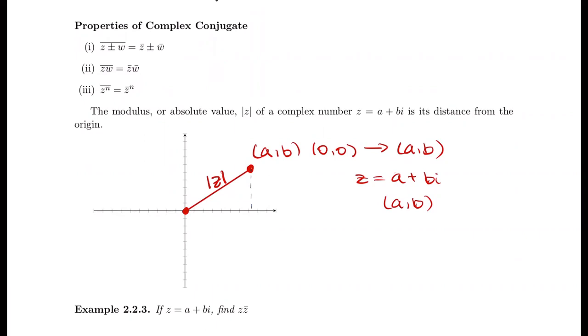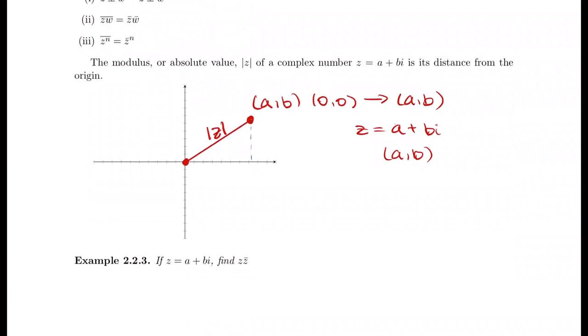By the Pythagorean theorem, the norm of z is simply, if this length here is your b and this length is your a, then the norm of z is simply going to be the square root of a squared plus b squared. Okay, so that's the modulus of a complex number.